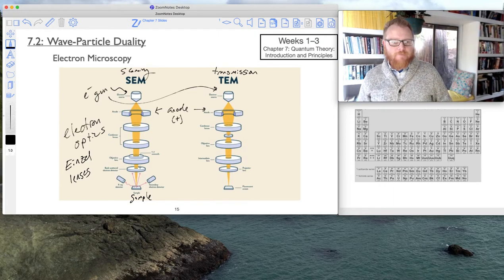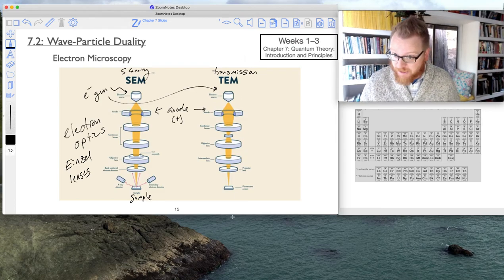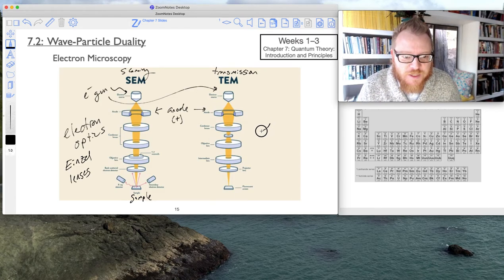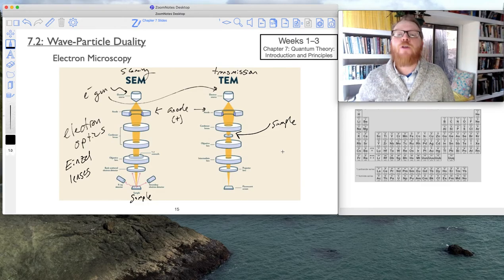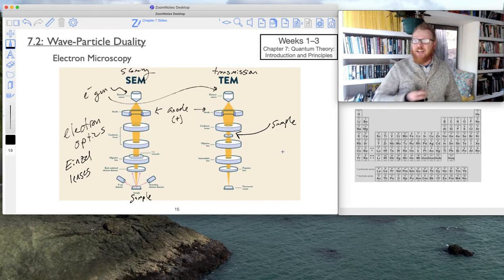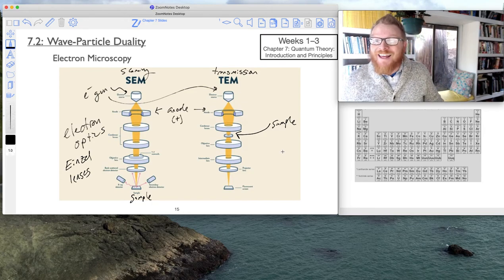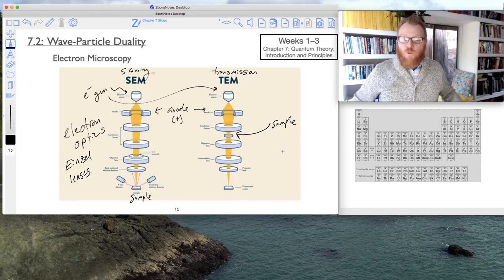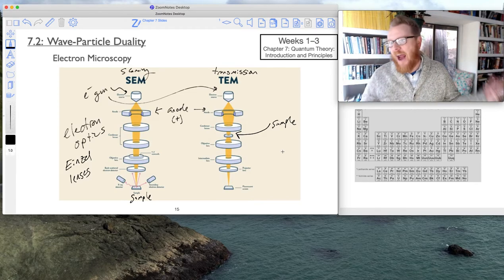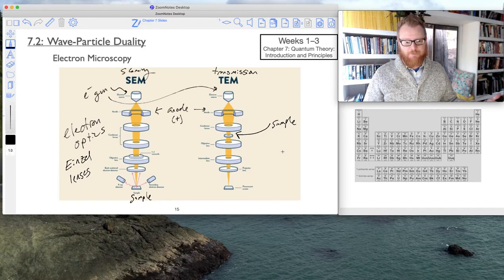Okay, in transmission electron microscopy, our sample holder is way up here. You can see this electron beam will actually transmit through the sample. It transmits through the space between atoms, which gives us a diffraction pattern, okay?